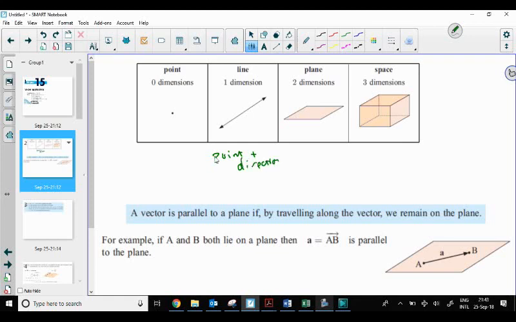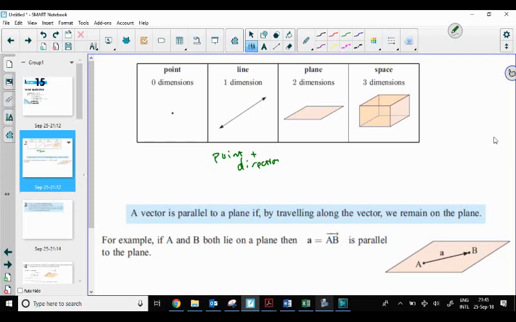And those are both integral parts of describing that line, because I could have that same direction vector starting anywhere in space, but that wouldn't be the same line. I need a starting point and the direction vector together.